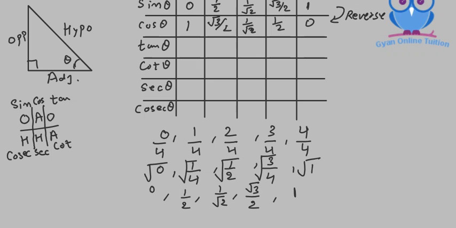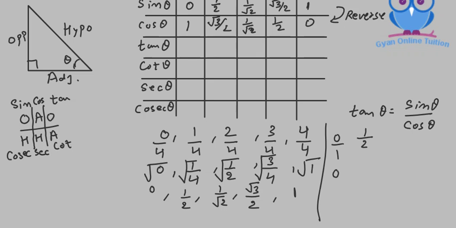Now next one is tan. Tan theta is always sine theta by cos theta. So for the first value, sine theta is 0 and cos theta is 1, so 0 by 1 becomes 0. Next, 1 by 2 divided by root 3 by 2.